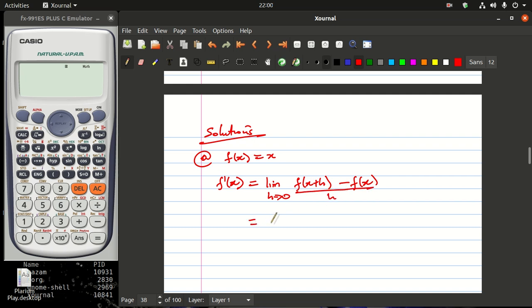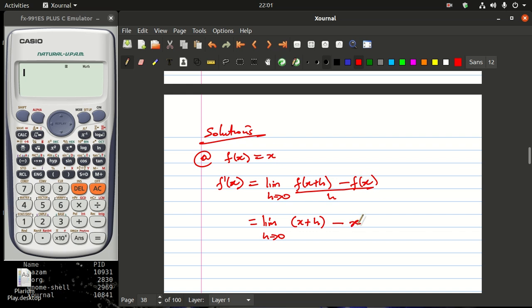So all we need to do is plug in here. The limit is still there as h approaches 0. You only drop this when you are plugging in. So here, I'm going to plug in x plus h where there is x. So f of x plus h is going to be x plus h. So in the value of x here, I'm going to plug in x plus h minus, what is f of x as it is?